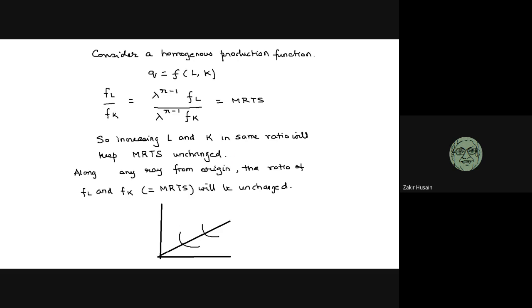So that means if we take a ray through the origin, the labor capital ratio is constant along this ray. We are simply increasing labor and capital in the same ratio. See, the slope of the isoquant at E1 and E2 will be the same.